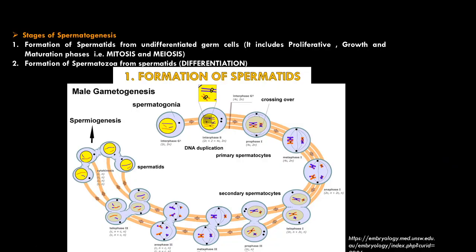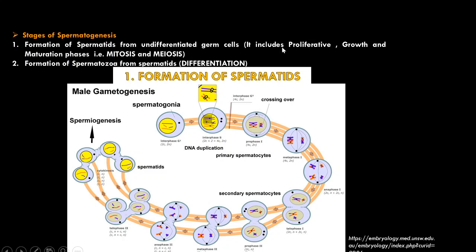Now there are two major stages of spermatogenesis. First is where undifferentiated germ cells give rise to spermatids. So it includes all the three phases that we discussed before, that is the proliferative phase, the growth phase, and the maturation phase. And it involves mitosis and meiosis both.